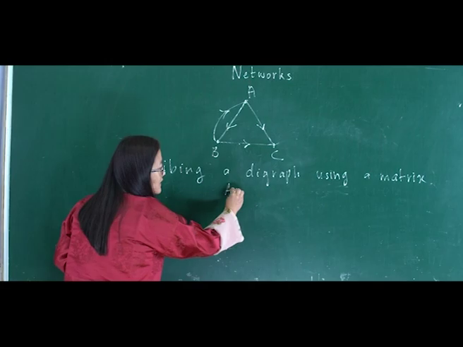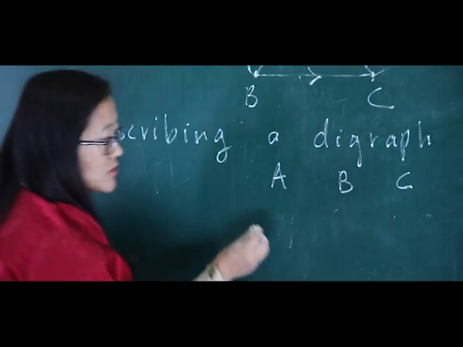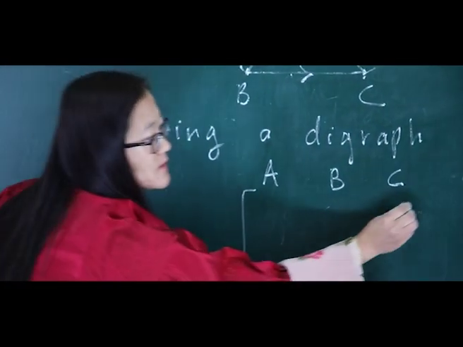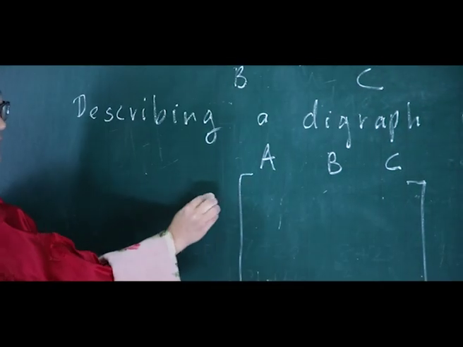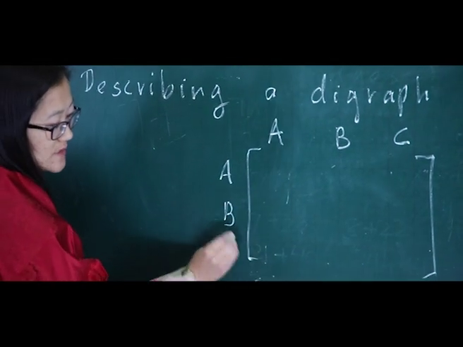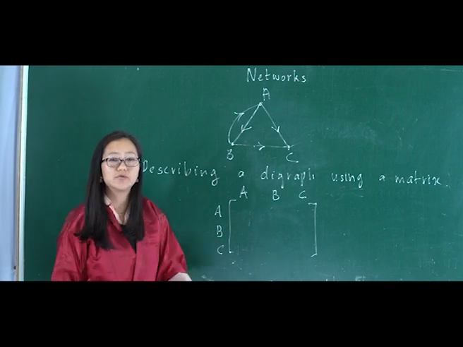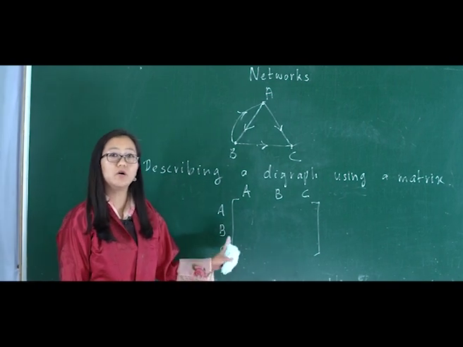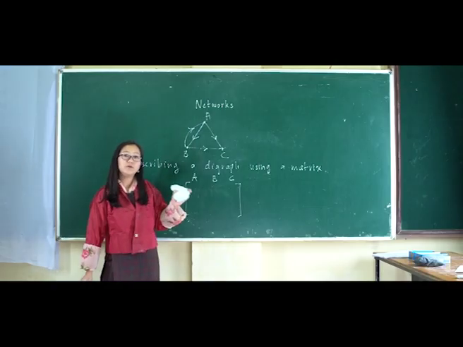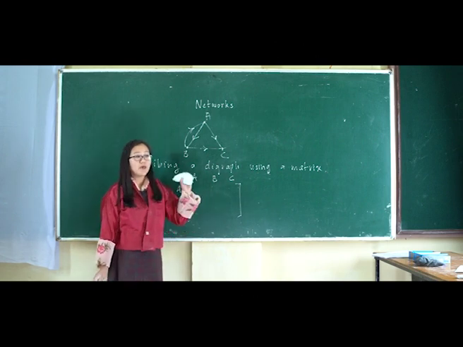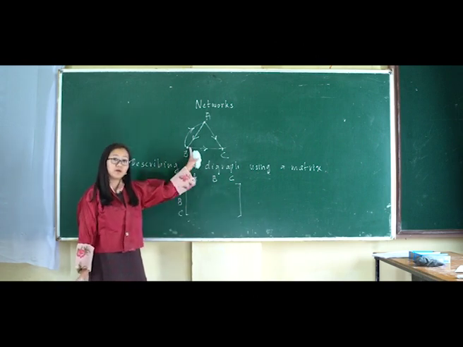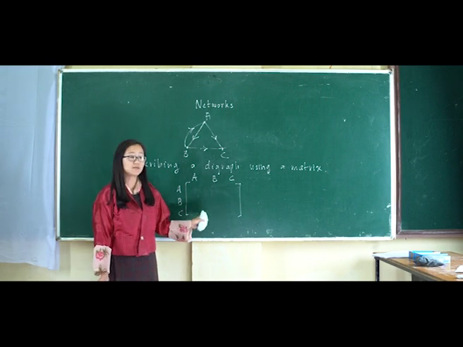We have A, B, C on the top of the matrix, and we also have A, B and C along the side, which makes the matrix of the order 3 by 3. So what you have to keep in mind is that every matrix that we get from a digraph will always be a square matrix.